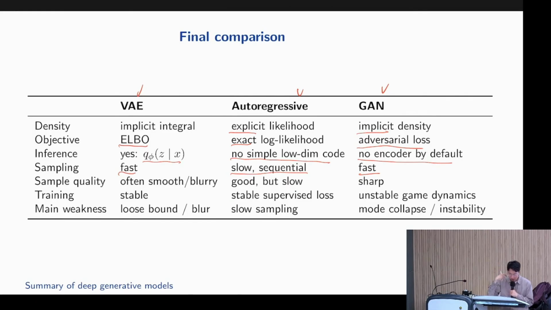And sampling quality is often blurry and smooth in VAEs, but GANs sharp. It's very sharp. And autoregressive models, the sample quality is good, but like I said, the inference is very slow. And training is stable for VAEs and autoregressive models, and tends to be unstable for GANs.